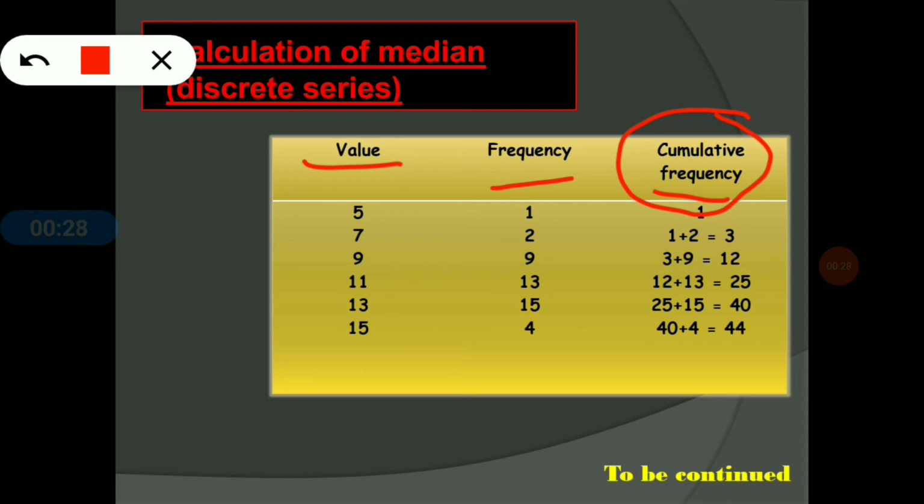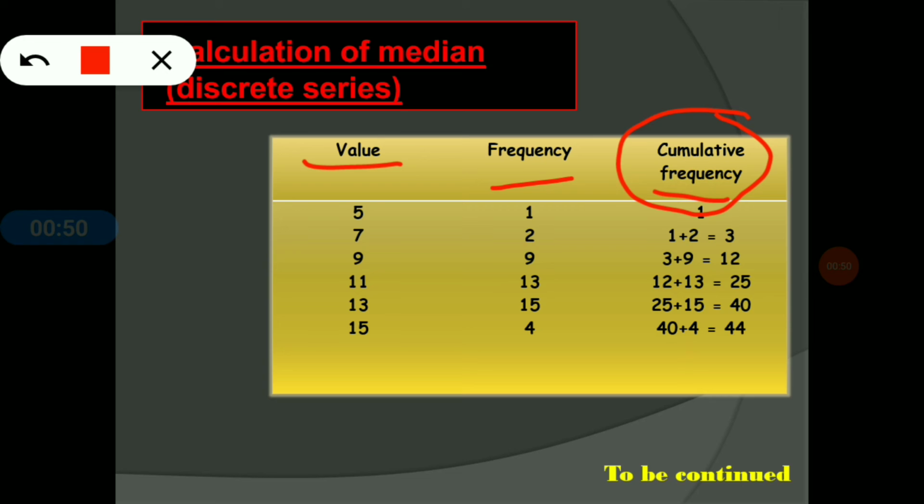We have already discussed in my previous session what you mean by a cumulative frequency. So if you have missed my previous session, please go and check my description box and my first comment, where the previous session link is already shared. So now going to the formula example.